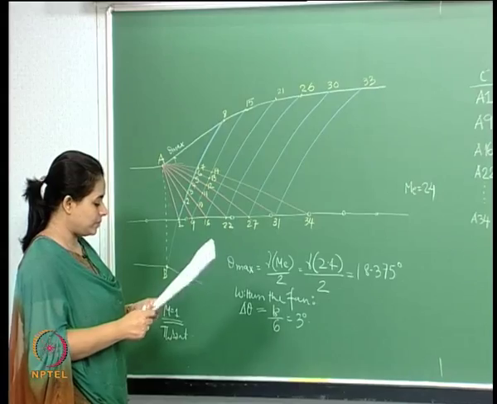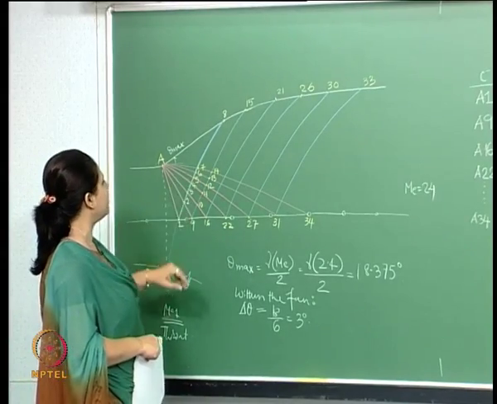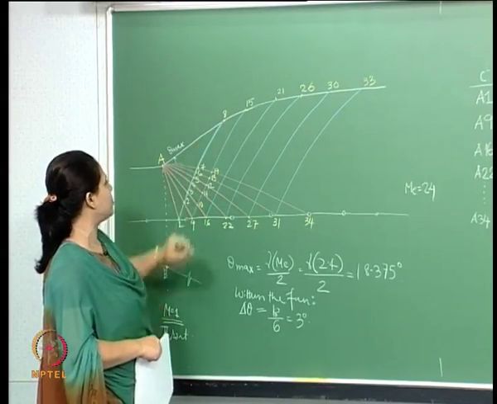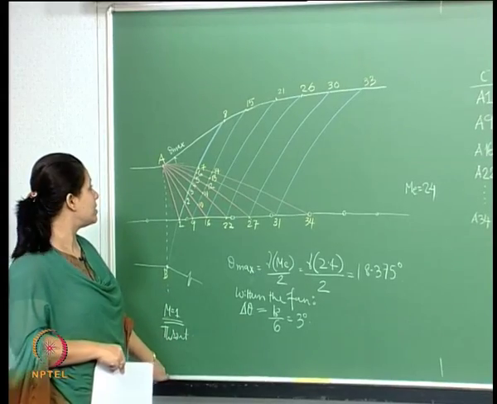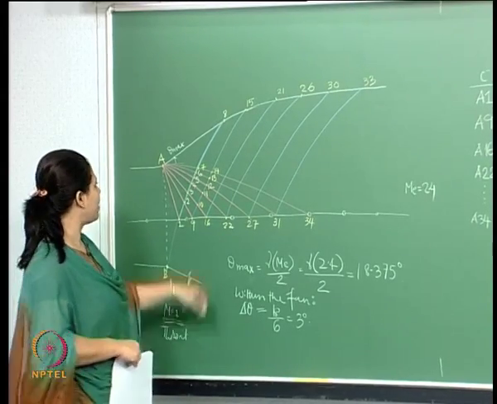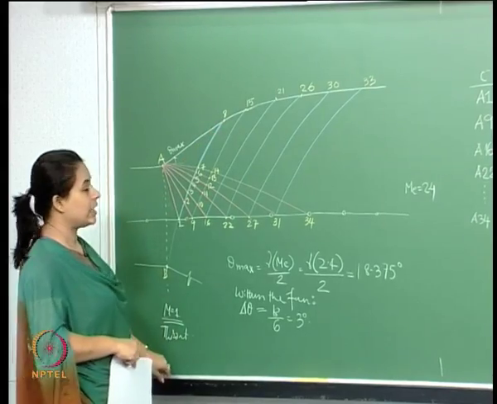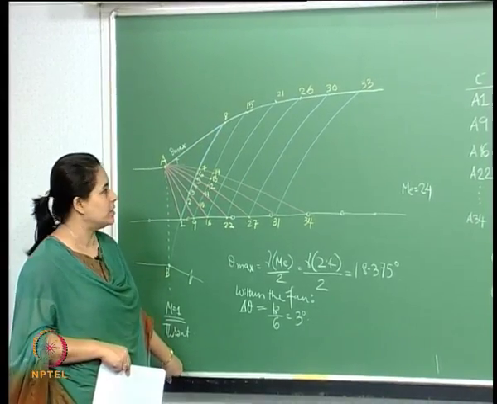Now let us come to the point 8 on the same characteristic line. This is the point which we actually need to design.